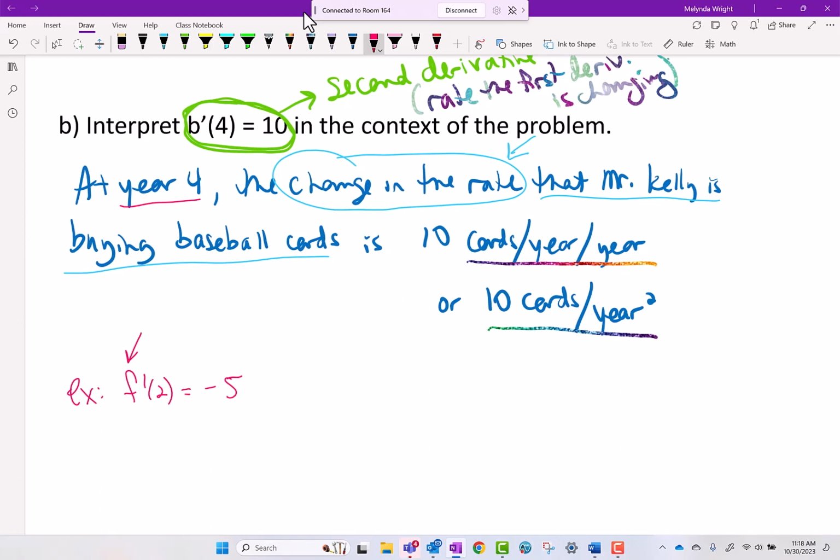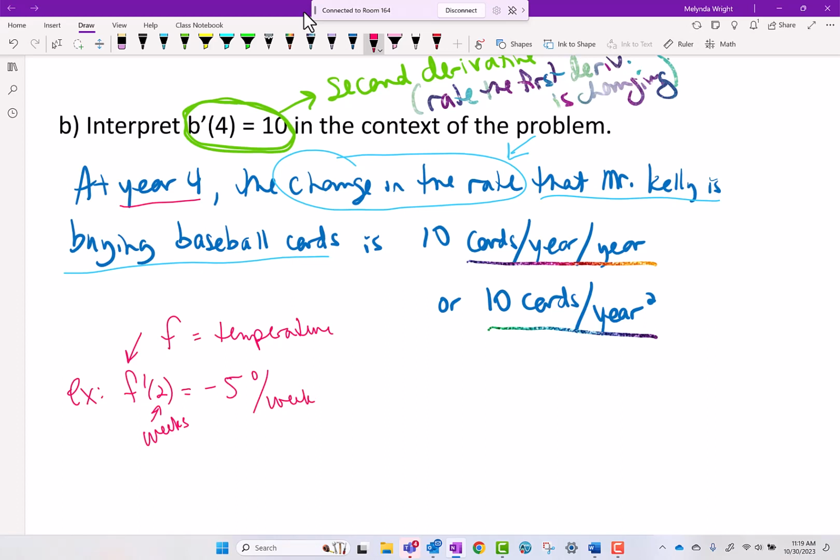Temperature? Let's just say F stands for temperature. So this means the temperature is changing at, let's say that's weeks, I don't know, the temperature is changing at -5 degrees per week.